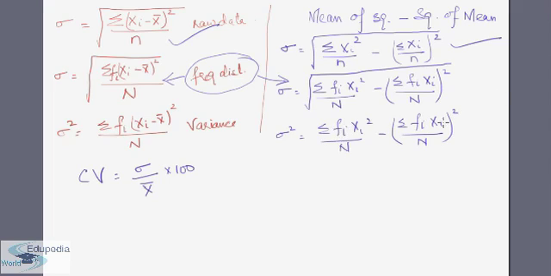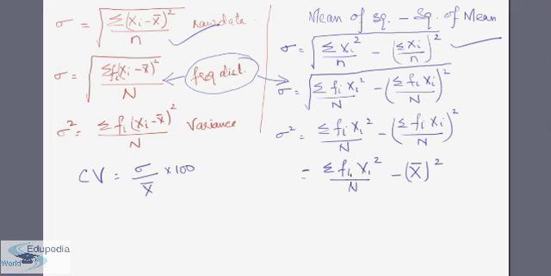For the square of the mean, whatever mean we have already found, we'll simply square it. In fact, we can write this as summation f_i x_i square by n minus the arithmetic mean square.